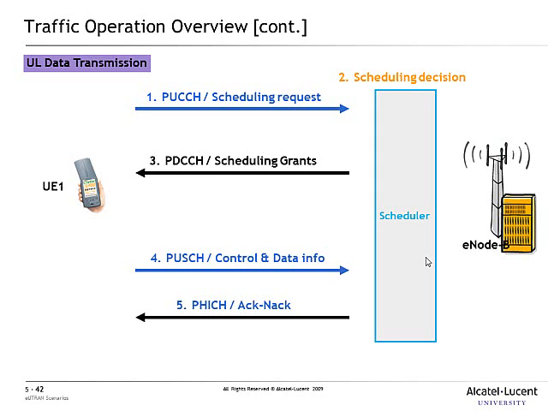Okay, so we're sending both control as well as data information on the uplink direction, and when the data arrives the scheduler will check the data, and it will either send a positive or negative acknowledgement on the downlink channel.